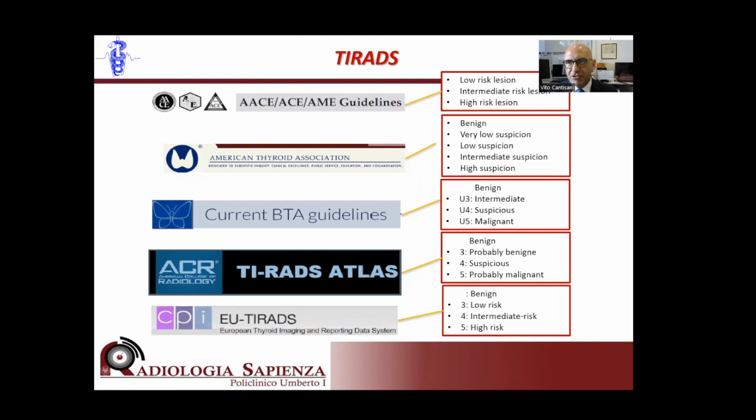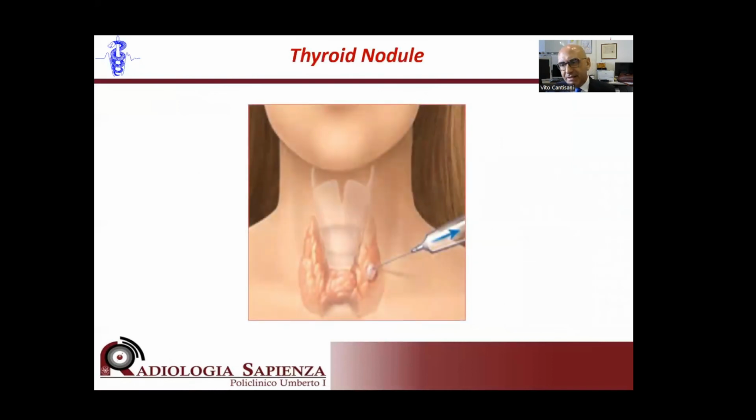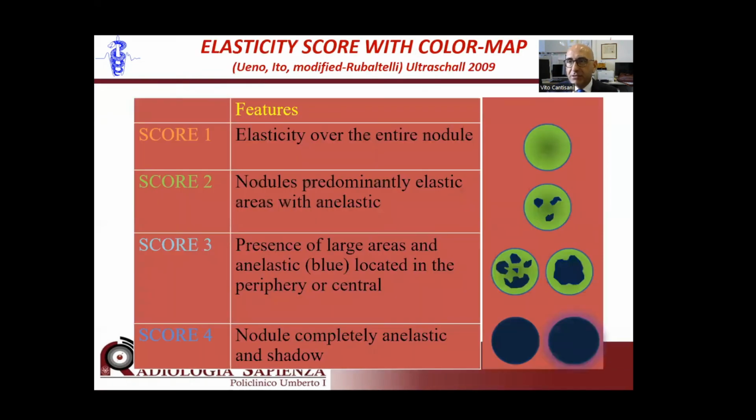Unfortunately, in the literature, there are really several TI-RADS classifications, and still they are not used, or rarely, or not frequently used is better to say, and still fine-needle aspiration is considered the gold standard. However, we are also aware of false negative and false positive rates that can be encountered in your clinical practice.